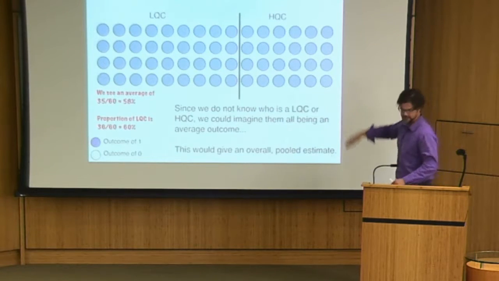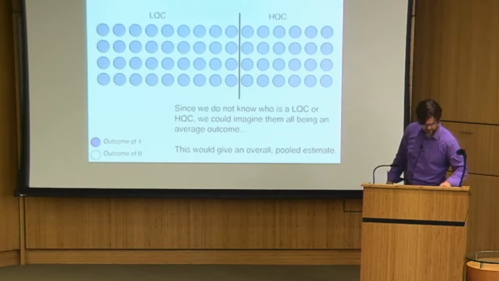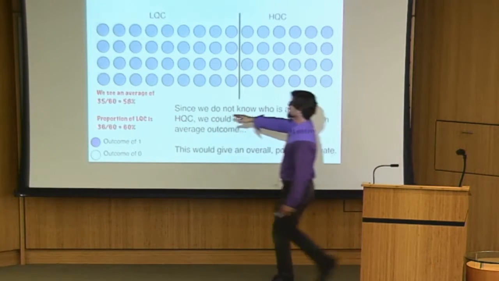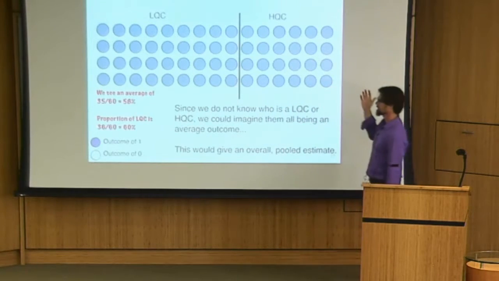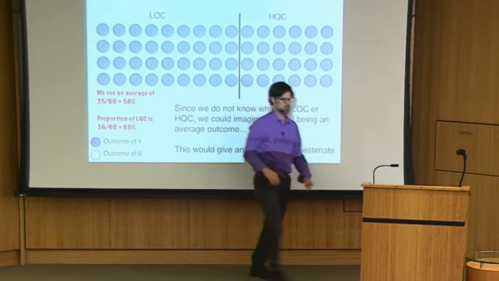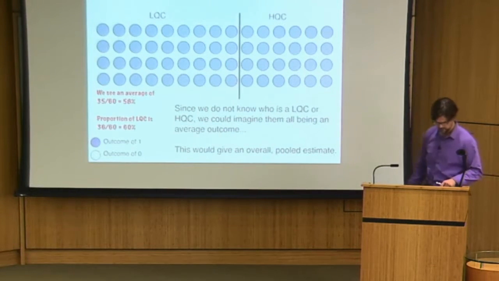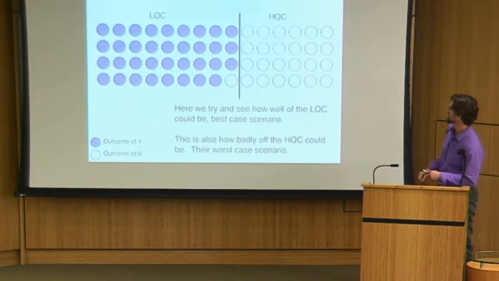So in my hypothetical example, we're going to see 58% of these dots are on track. And we also know that 60% of the dots are low quality compliers. We shouldn't say that they themselves are low quality. That would be mean.